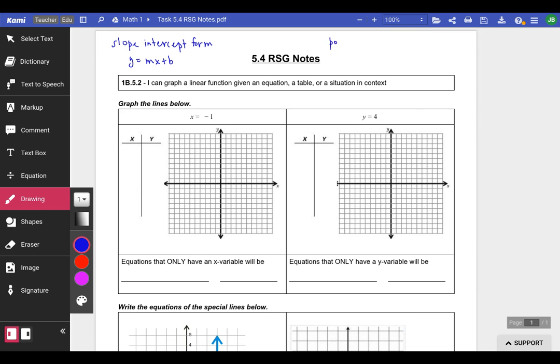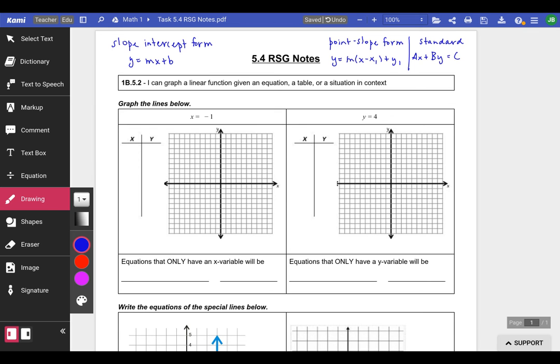We have point slope form, which we know is y equals m times (x minus x1) plus y1. And then the last one is called standard form, and we know that's ax plus by equals c. So those are the three forms of linear equations we've worked with so far.